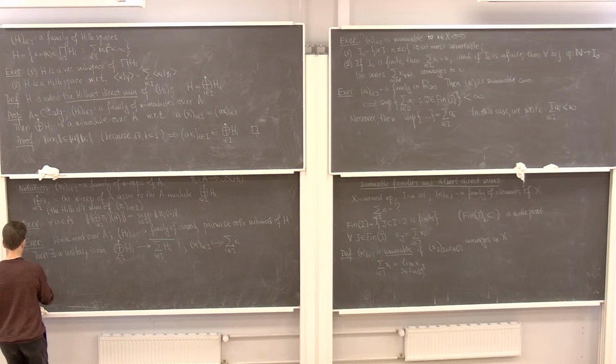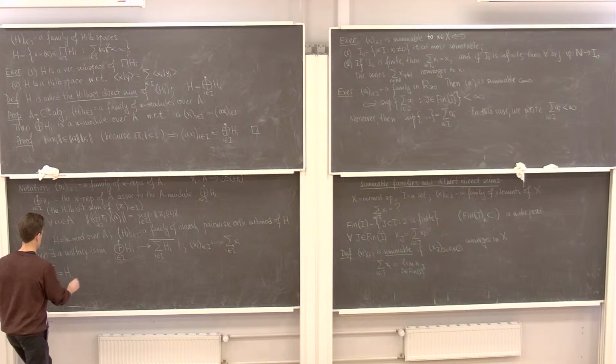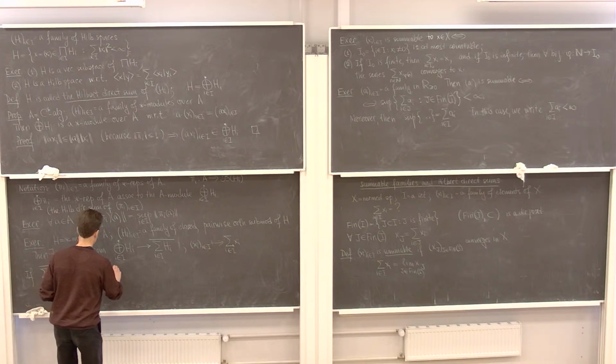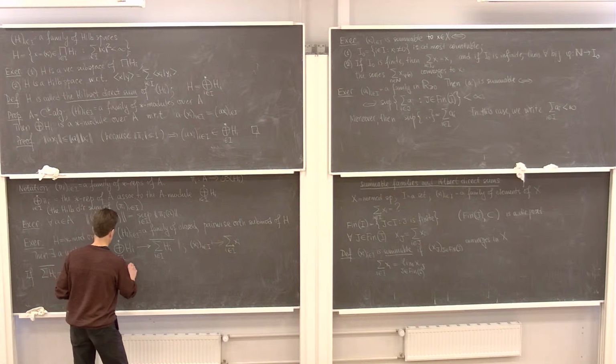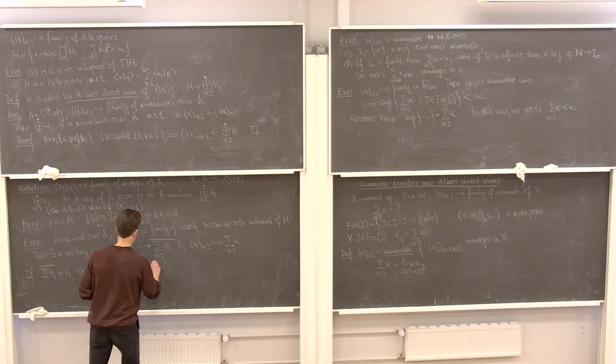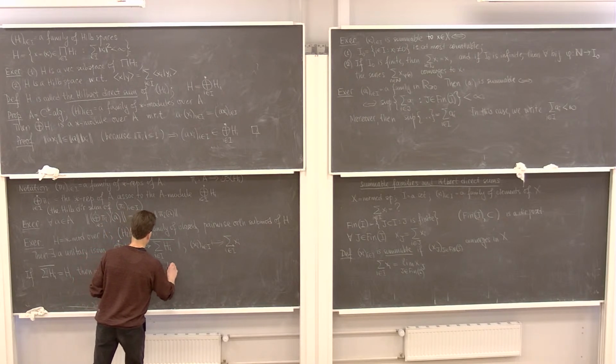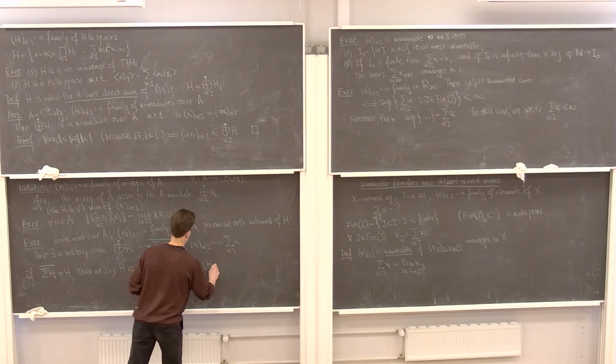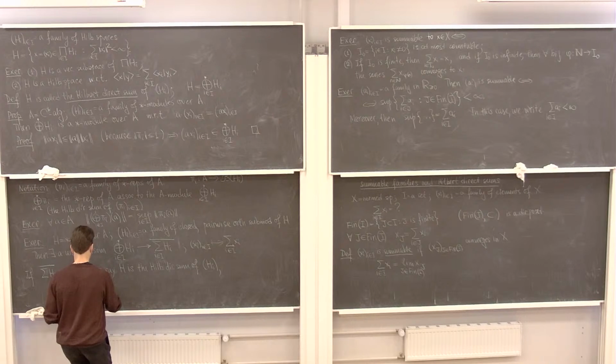So if, in this case, the algebraic sum is dense in H, so we have this equality, then we say that H is just the Hilbert direct sum of our family, and we write the following equality.